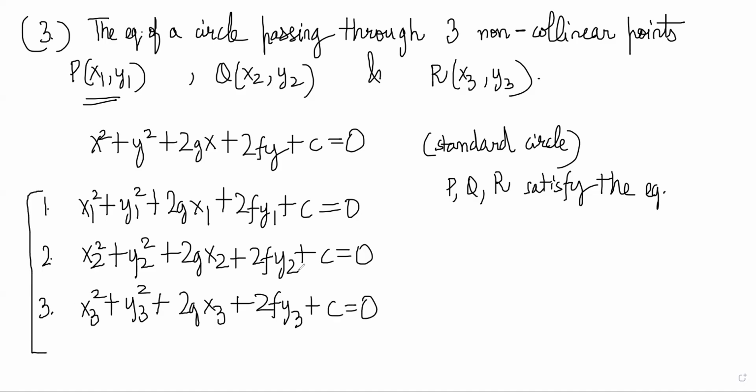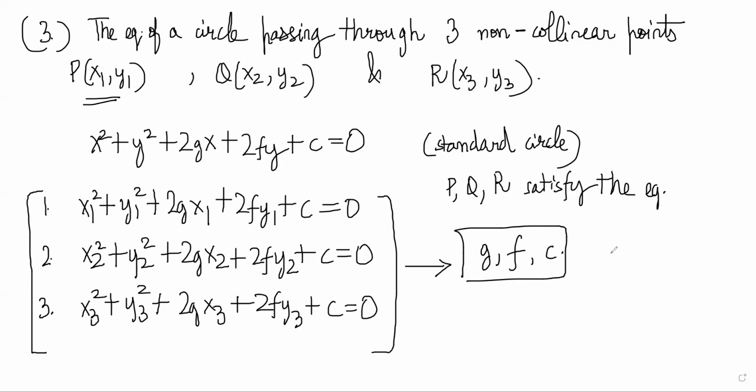Now, if you solve these three equations, you have to find out the values of g, f, and c. Because x1, y1, x2, y2, and x3, y3 are known, there are only three unknowns in these equations, right? So you can actually solve and find the values of g, f, and c.